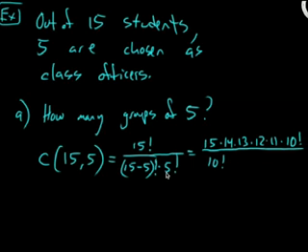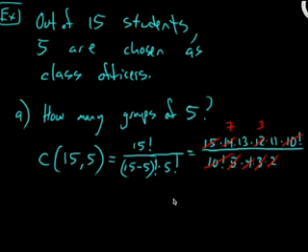And then 5 factorial is 5 times 4 times 3 times 2 times 1, but technically we never have to bother about the 1 since multiplying by 1 is not going to change it. So let's cancel out what we can, so that the 10 factorials cancel. 5 and 3 is the same as 15. 4 goes into 12 3 times, and 2 goes into 14 7 times.